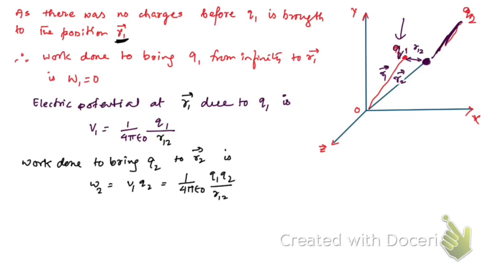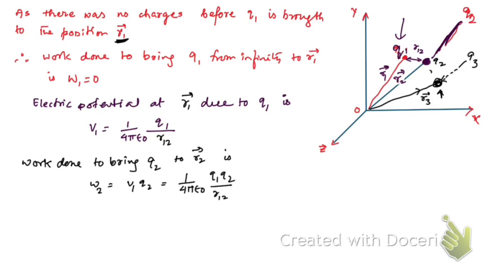Okay, so now you see, we are to bring Q3 to this position. Suppose this is the position vector R3, right? So here you see, in order to calculate the work done to bring Q3 from infinity to this position, we need to find the potential at this position due to these two charges. So now we have got Q2 here, and the distance between Q2 and Q3 is suppose R23.